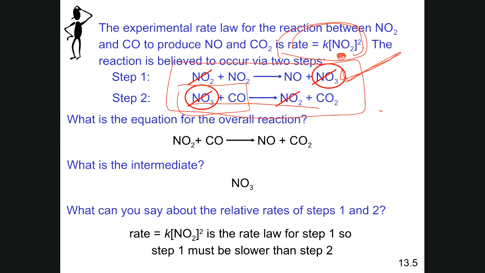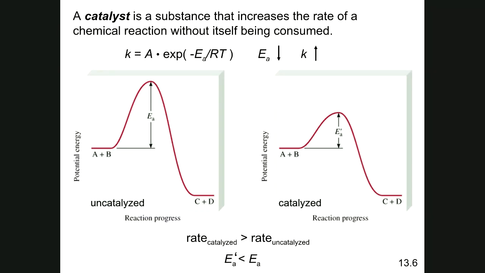The intermediate that is forming, NO3, is formed here in the first step, is consumed in the second step, that gives you the final product, but that's not involved in the rate determining step, it is not in the reactant side for the slow step of the reaction. So basically, being able to answer questions of this nature using the different steps of the reaction.